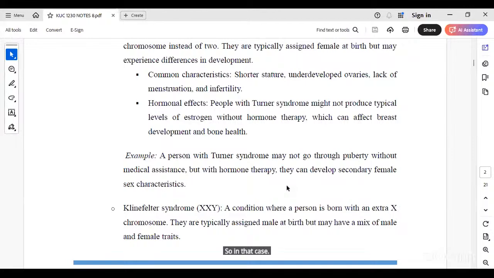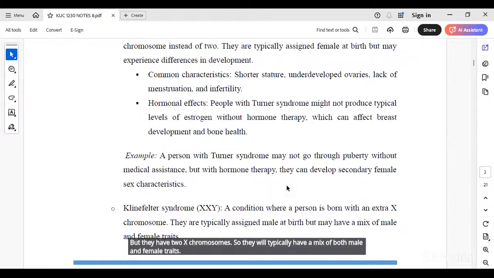Because of the Y chromosome, they will typically be assigned the male sex at birth. But they have two X chromosomes, so they will typically have a mix of both male and female traits.